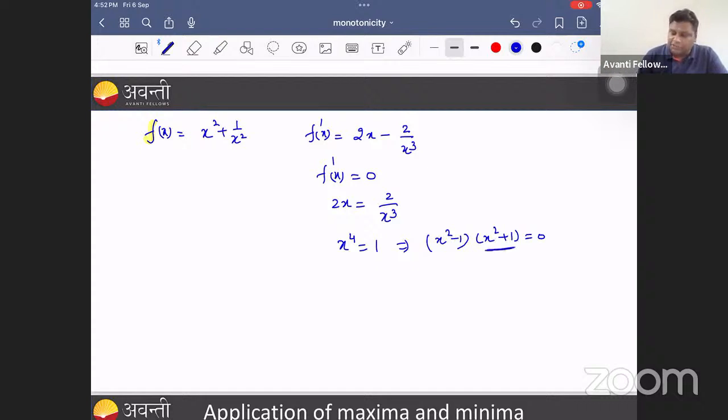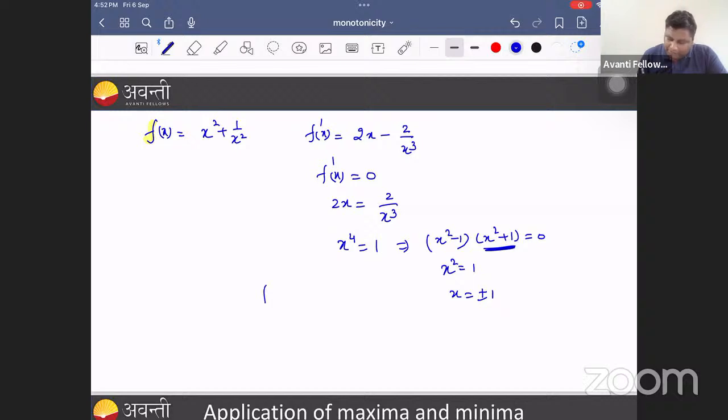Now, this cannot be 0 because it is x square plus 1. So x square is 1, so x is plus minus 1. Am I clear? Now, at these points, there is a possibility of maxima or minima. How are we going to check it? We are going to check it using the second derivative test.